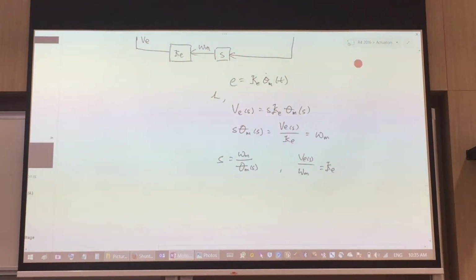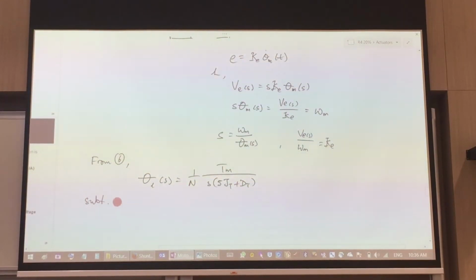It's not done yet. From equation 6, theta L(s) equals 1 over N, Tm over s(J_T s + D_T).